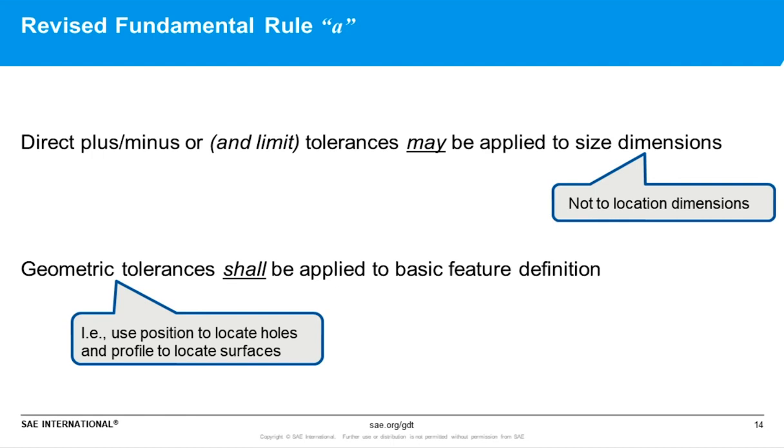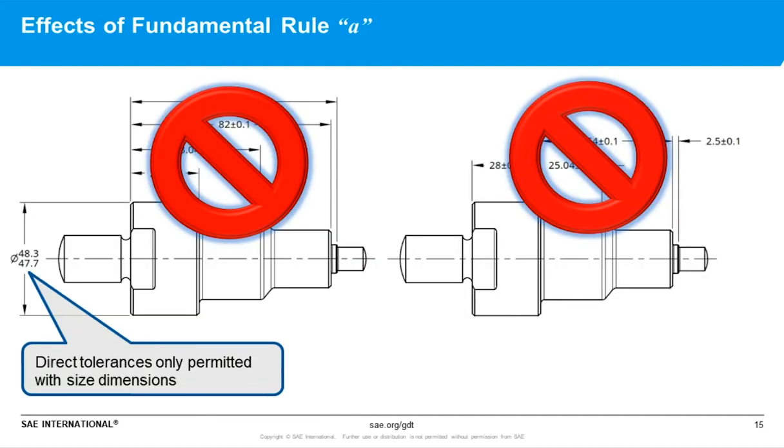In other words, you can't use those to locate a feature or feature of size. So the second part of that rule clarifies that geometric tolerances must be used to define basic feature definition. In other words, you must use either a position tolerance to locate a hole or a profile tolerance to locate or orient a surface, not plus-minus tolerancing.